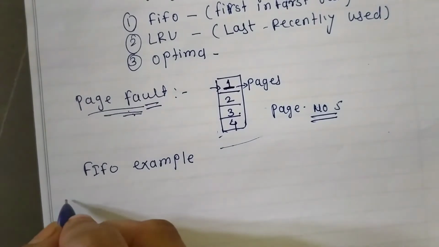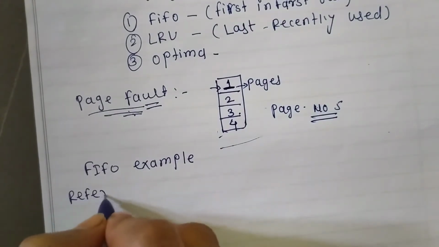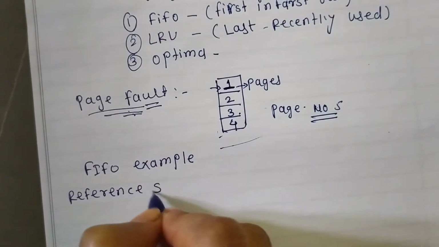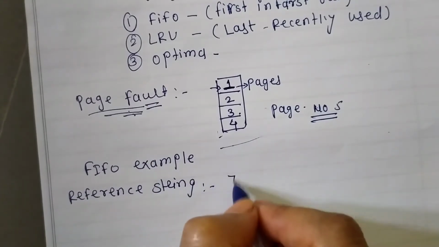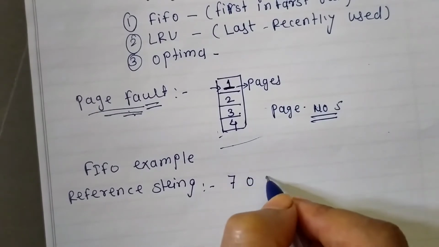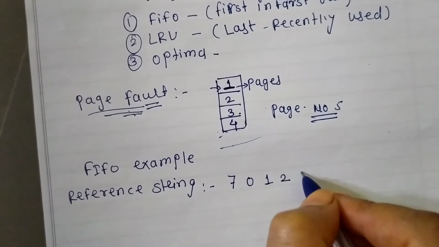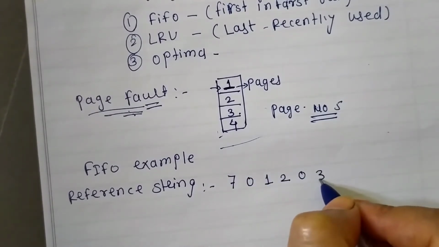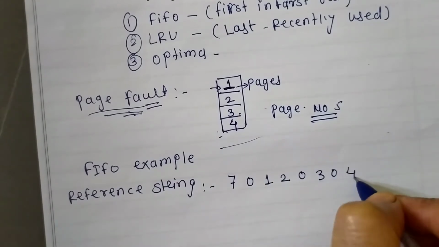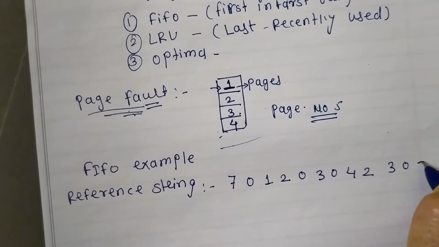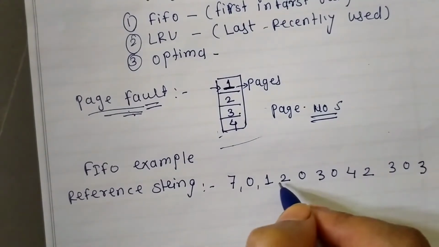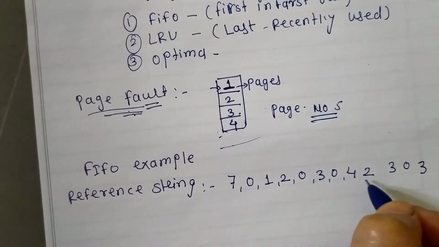I will take a reference string. Suppose consider this is the reference string: 7 0 1 2 0 3 0 2 0 3.